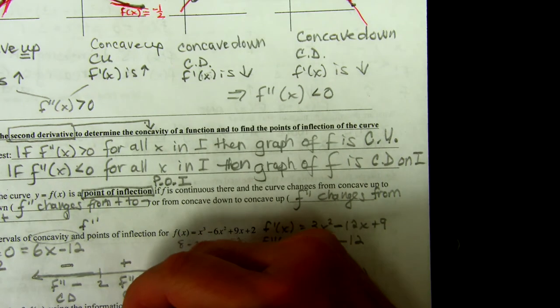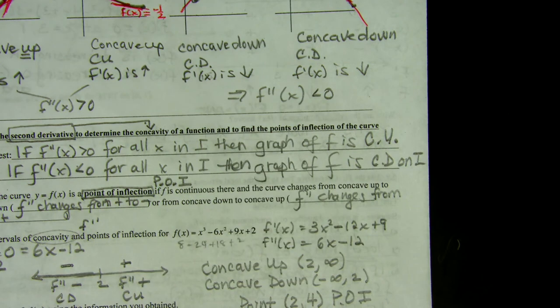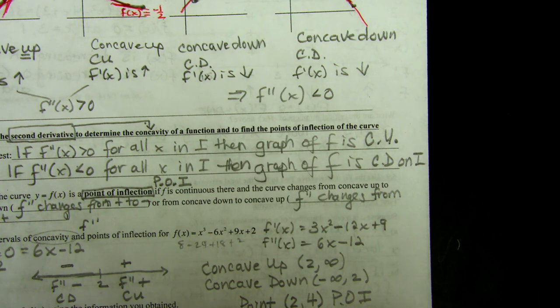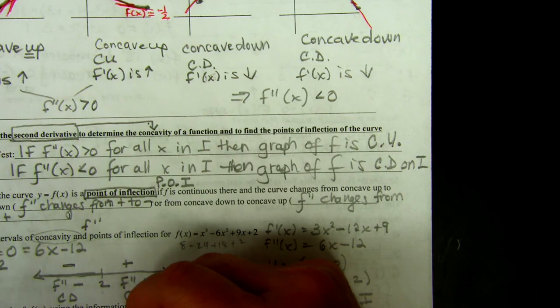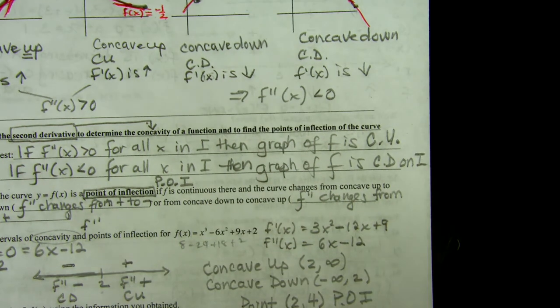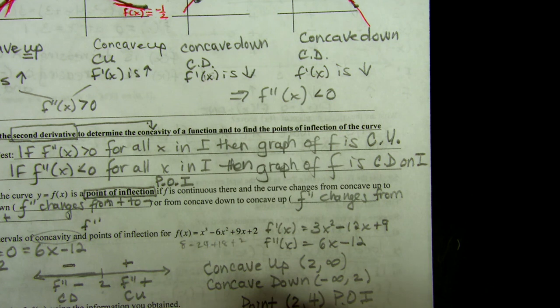And then it turns the corner there, and it has a minimum at the point 3, 2. So here a local minimum at the point 3, 2. And it is concave down, and then it switches to concave up, and then it takes off in that direction.